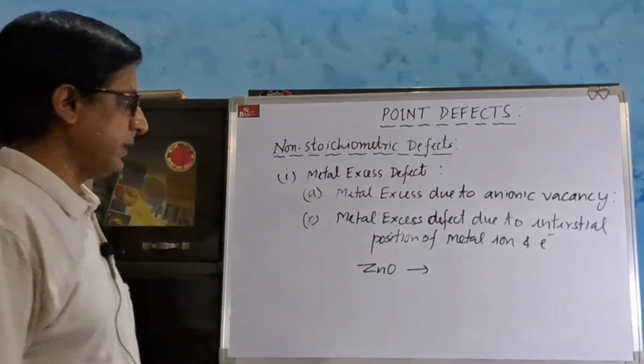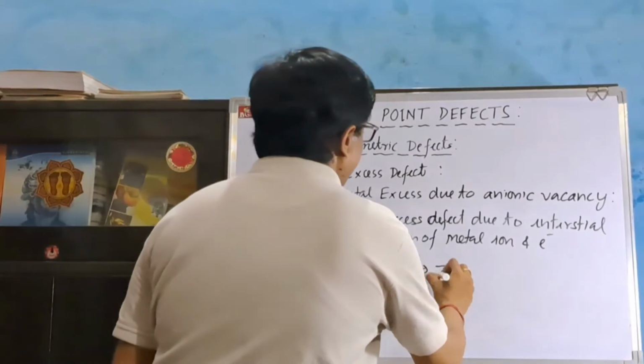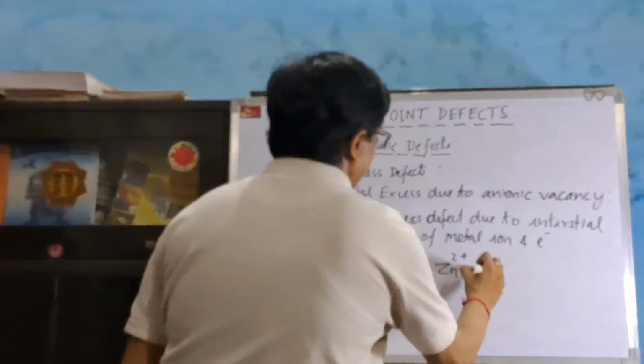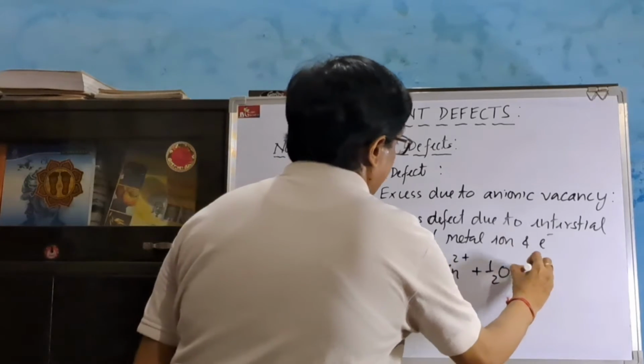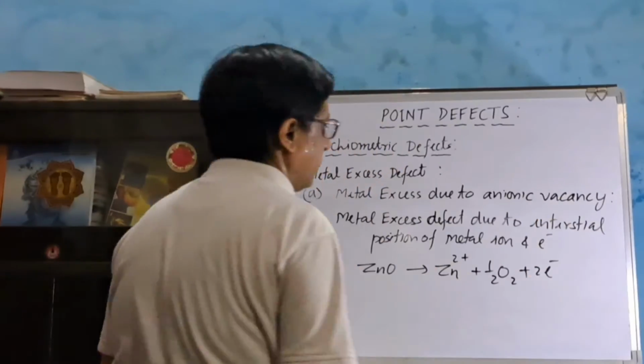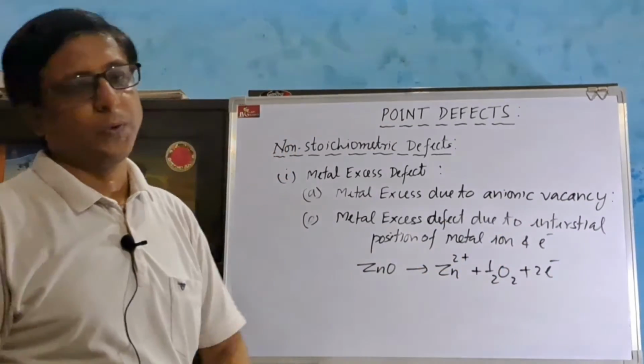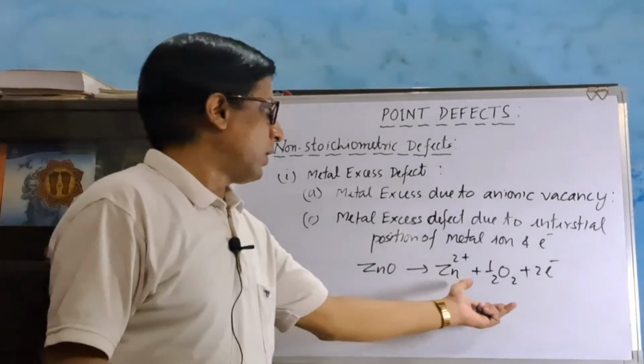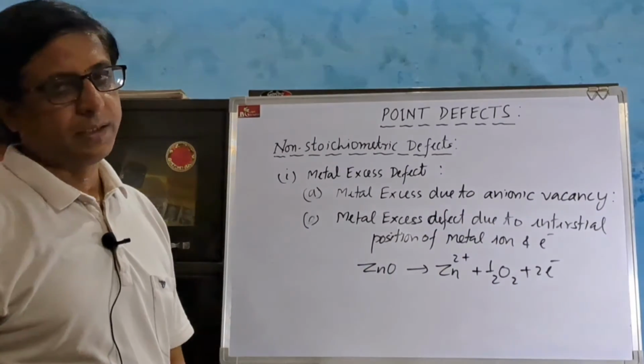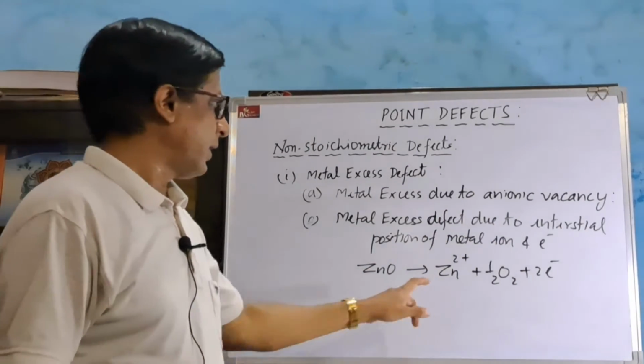When it is heated, it produces zinc ions, oxygen molecules are removed, and two electrons are produced. Now the oxygen site inside the crystal is vacant.